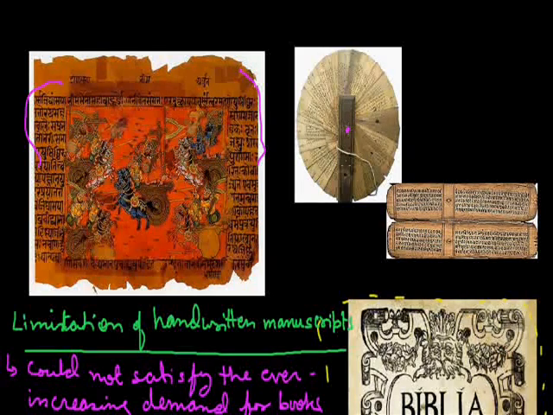This is how we keep these scripts between two pieces of wood, where we read these books either like this, or one by one we open them like this. But as we use these books, the quality of these manuscripts declined.